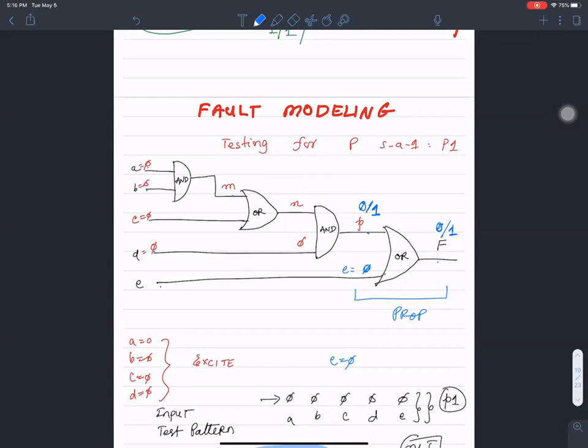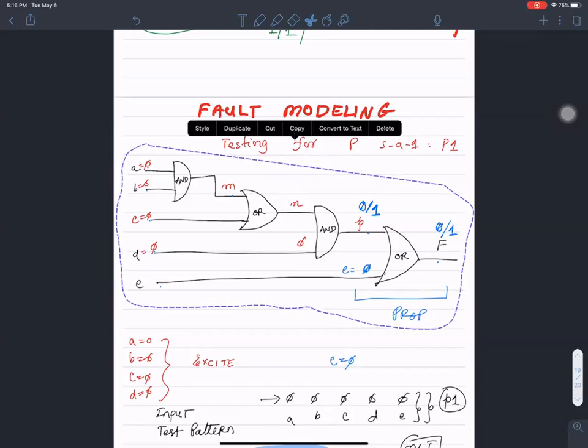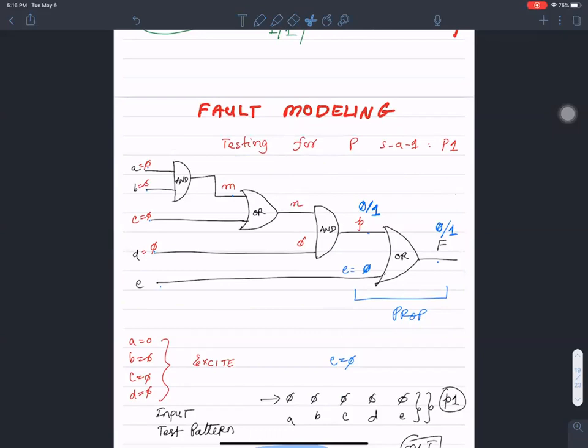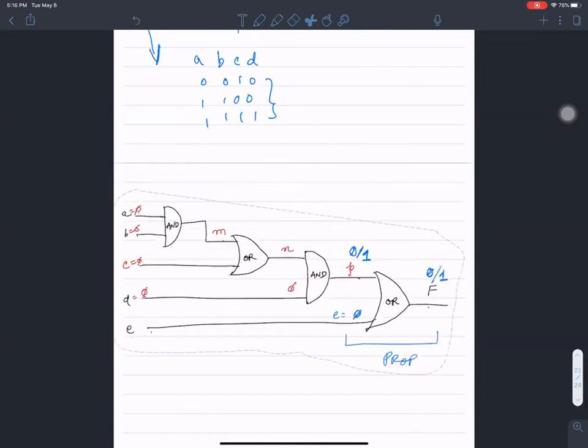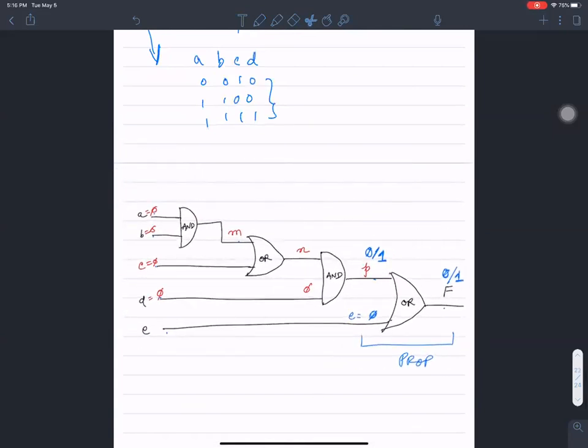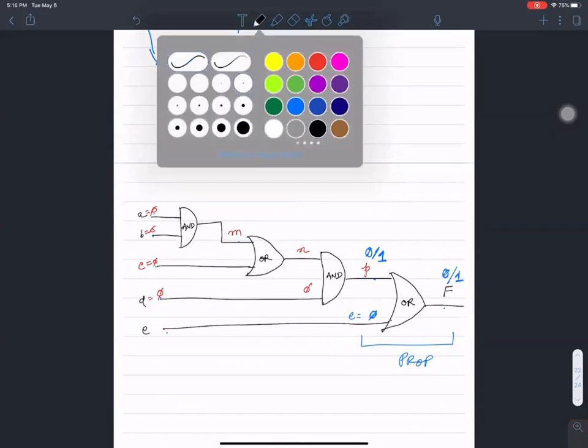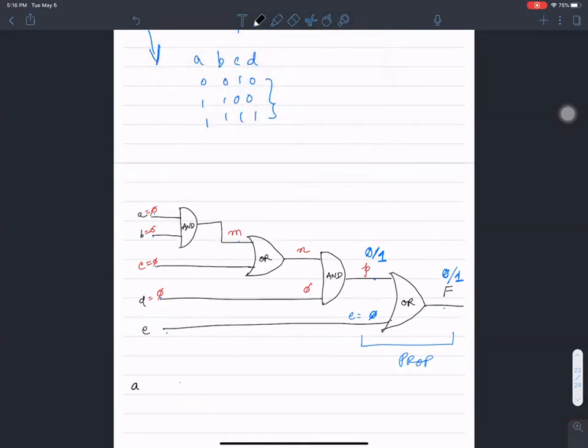Now here is an idea for you to consider. Let me copy this. I'm going to paste it here. I said by using a value of A, B, C, D, E, the values of 0, by using these values, I said it was possible to test for P stuck at 1.